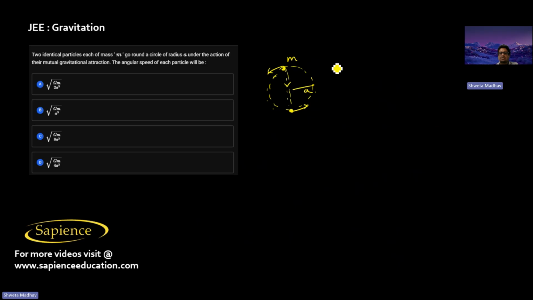So their mutual gravitational attraction will be G m square by their distance of separation, which is 2a, so 2a whole square.